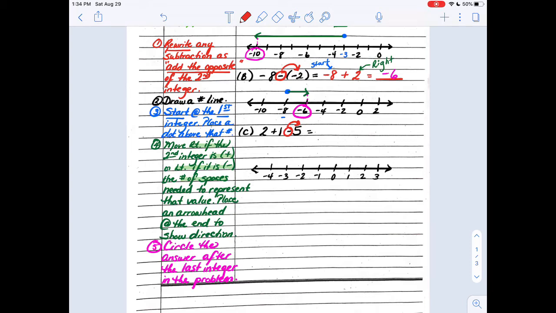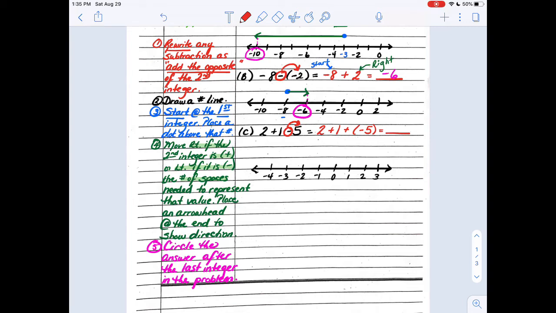So let's rewrite this problem. Instead of 2 plus 1, subtract 5, I'm going to make this 2 plus 1 plus, and then that 5 becomes a negative 5. So now I can read my problem as totally addition.